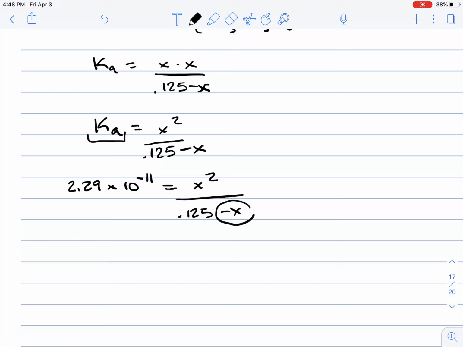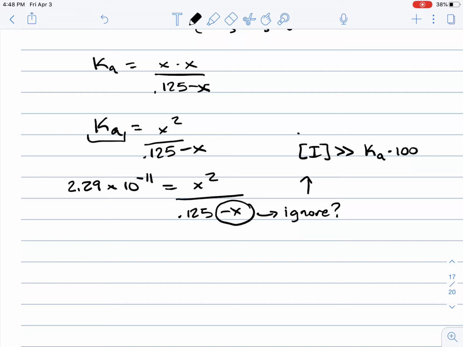So we're going to see if we can ignore this minus x, if we can ignore the change in the denominator. To do that, we're going to ask ourselves if the initial concentration is far, far greater than Ka times 100.